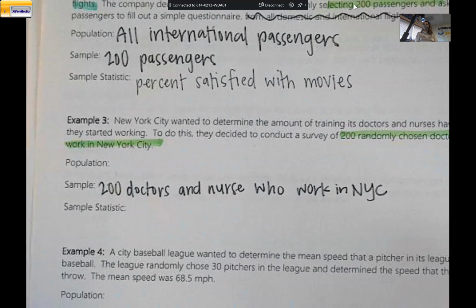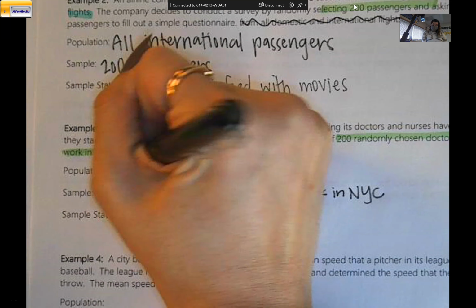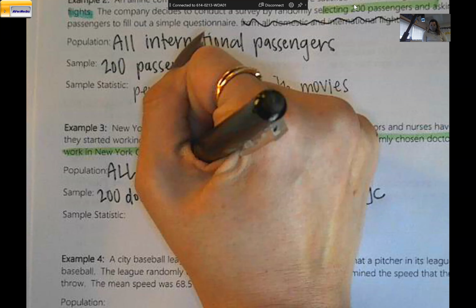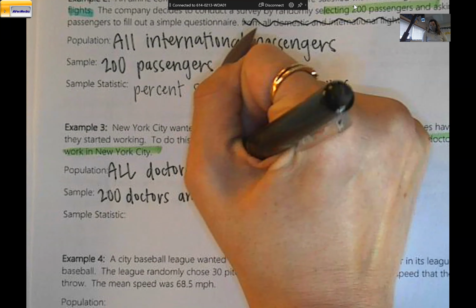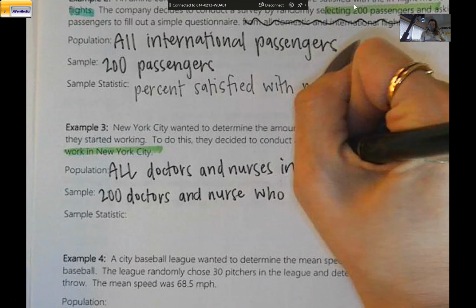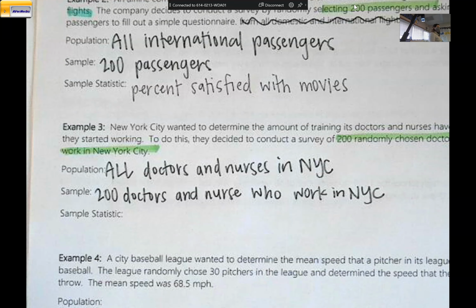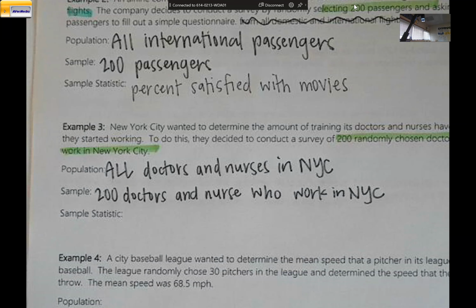So our sample is specifically doctors and nurses who work in New York City because our population is all doctors and nurses, but only in New York City. Because New York City is who wanted to determine the amount of training.